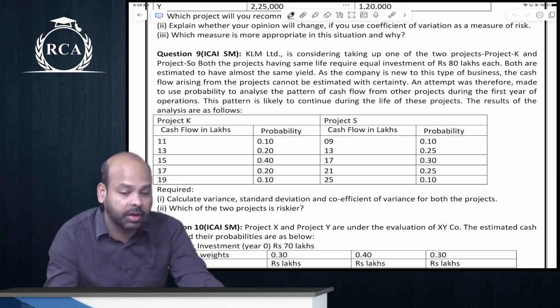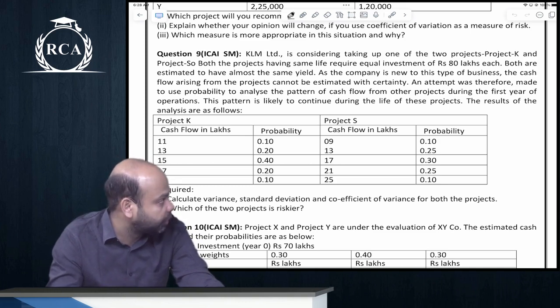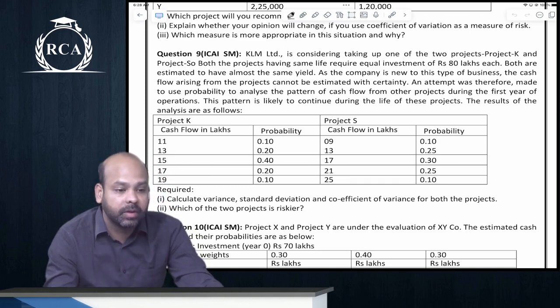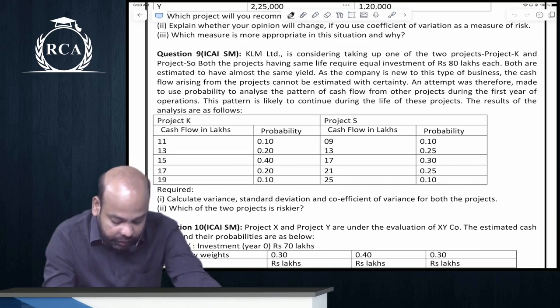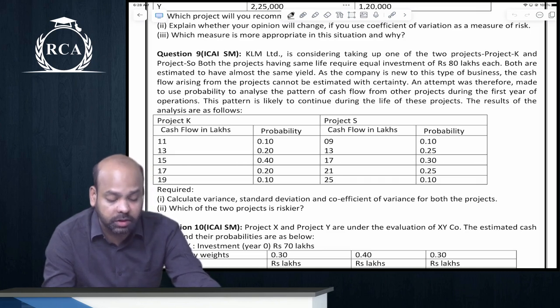Standard deviation here would mean standard deviation of cash flows.